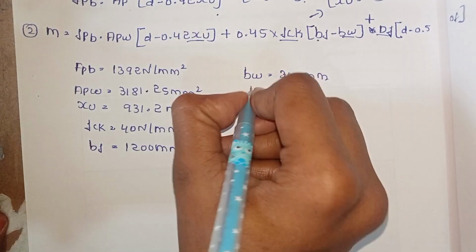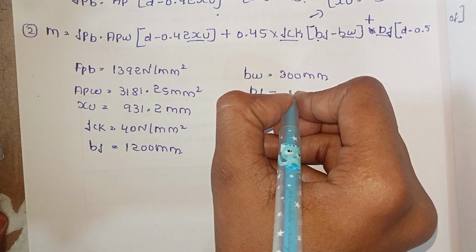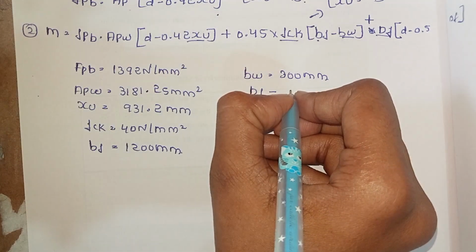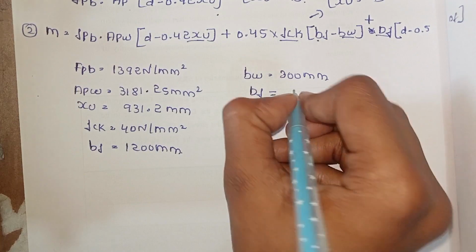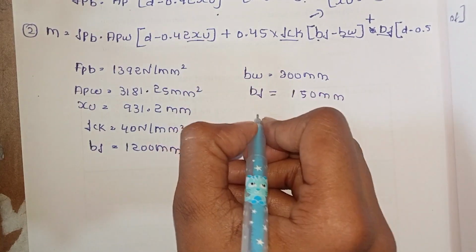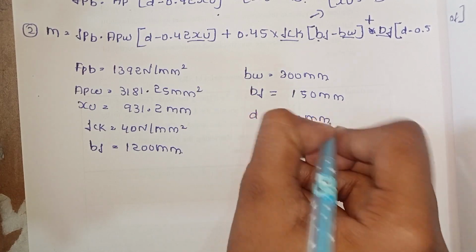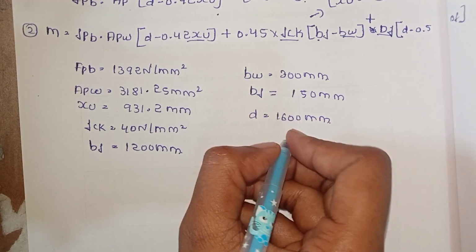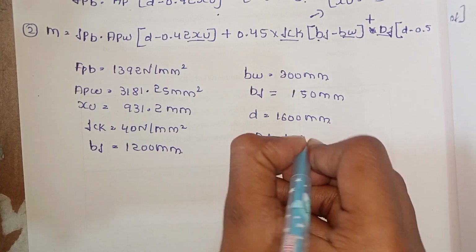Next DF given in the question is 150 mm. Next small d equals 1600 mm. Next DF equals 150 mm.